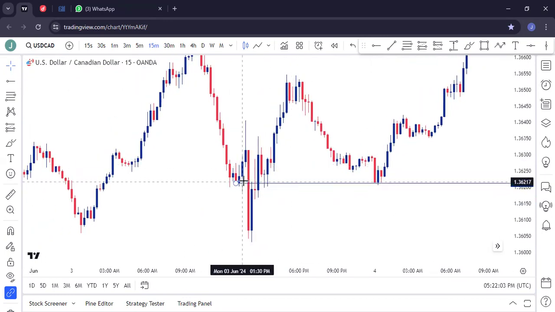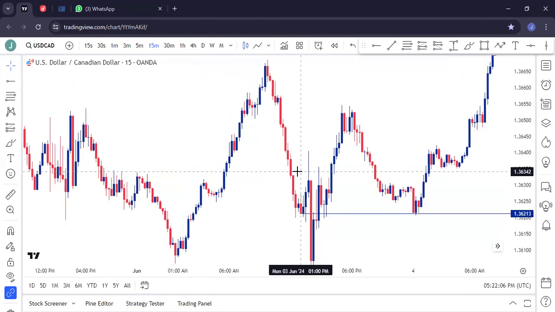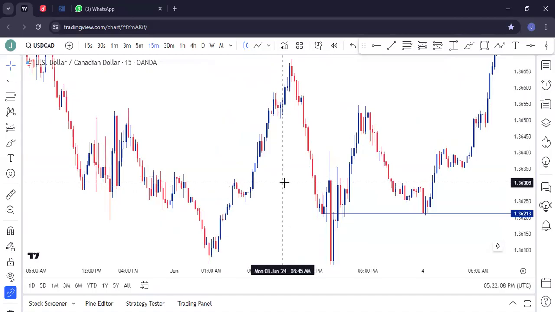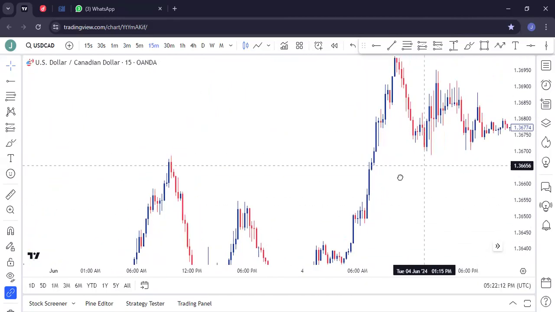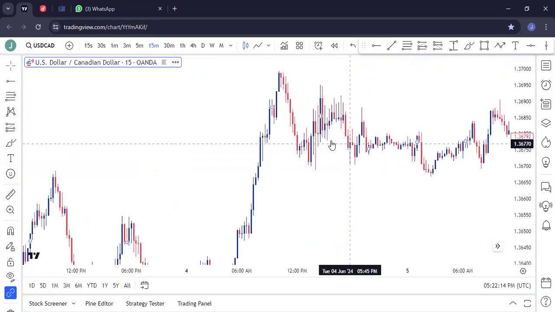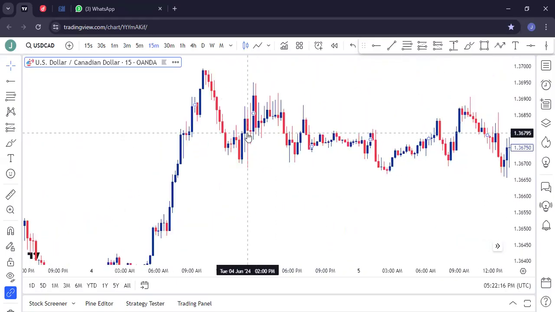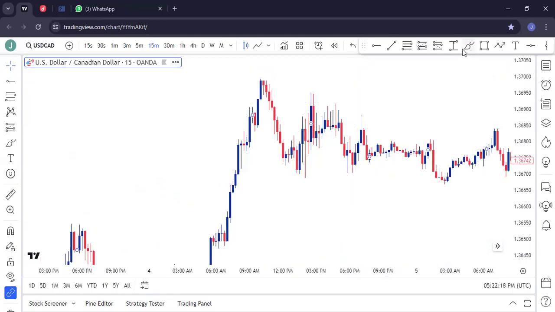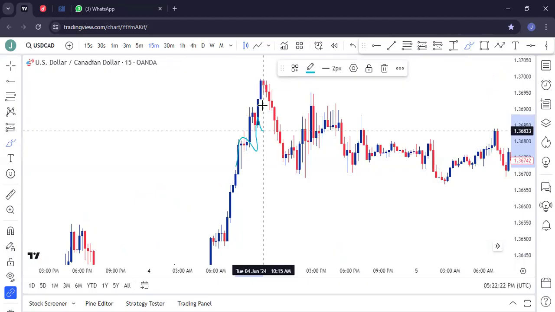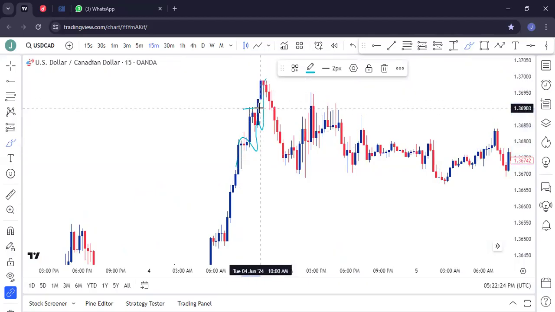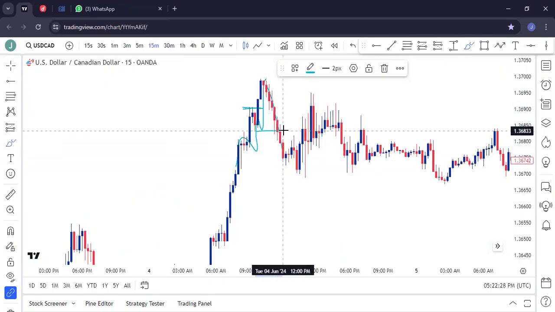Okay, so this was the first example. Let us find another example. Another example was here. You can see the market created a small bullish movement. The market breaks here. Then the market changed the character here.